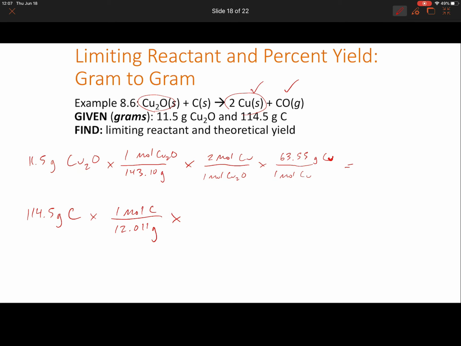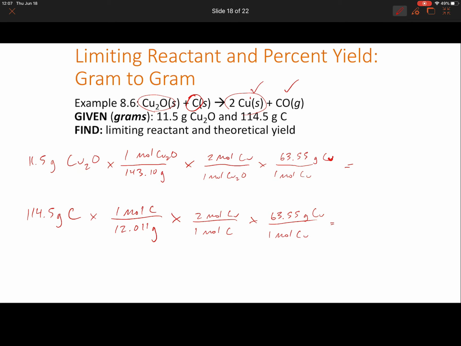And then for the carbon, we see here that every 1 carbon produces 2 coppers. And then the same conversion at the end: 1 mole of copper has a mass of 63.55.